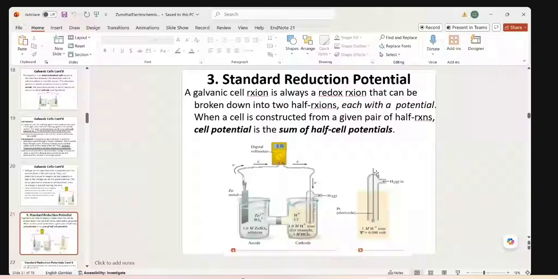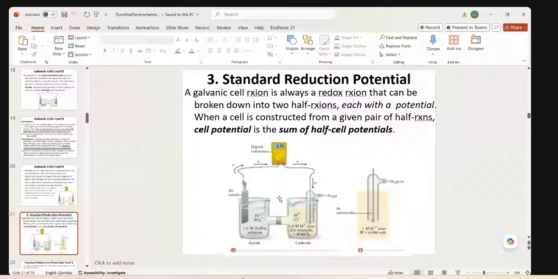Now, if you construct a cell and you want to determine the voltage it will give you, we call this the cell potential. The cell potential of a galvanic cell is just the sum of the cell potentials of the half cells.